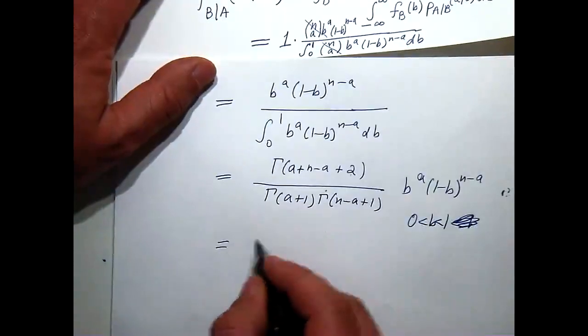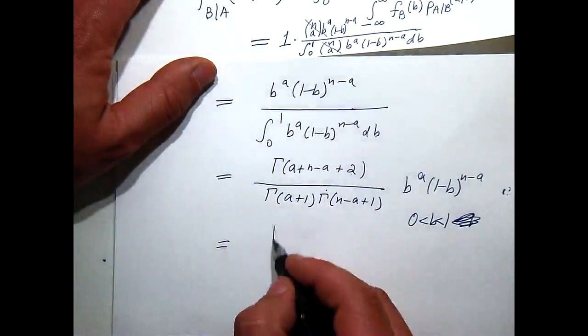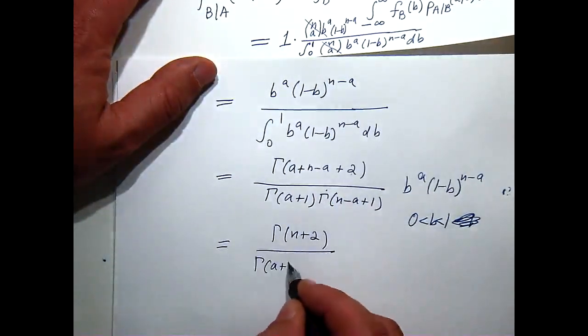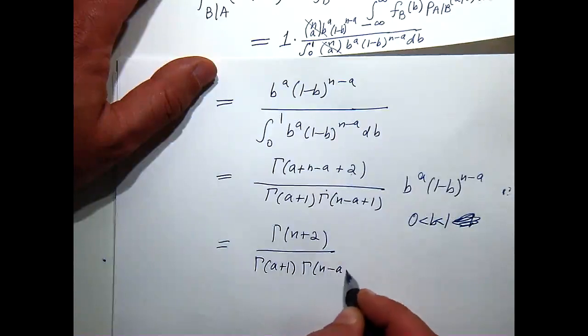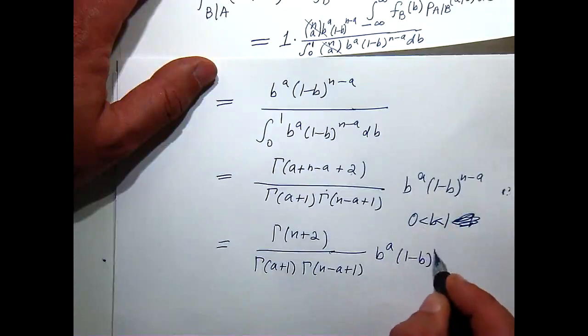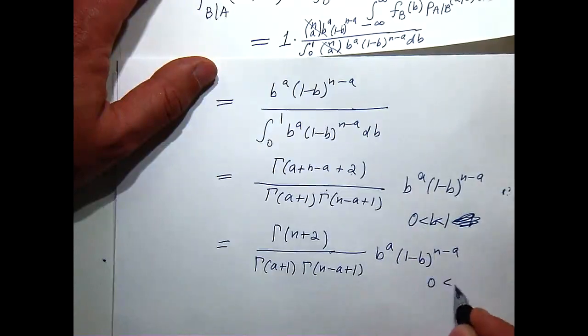And that is equal to gamma of n plus 2 divided by gamma of A plus 1 times gamma of n minus A plus 1, b to the A, 1 minus b to the n minus A, 0 less than b less than 1.